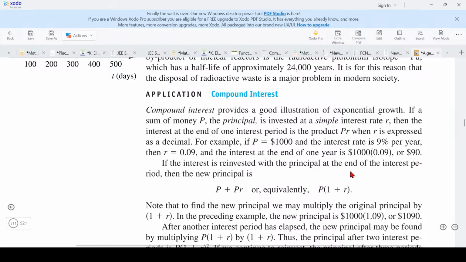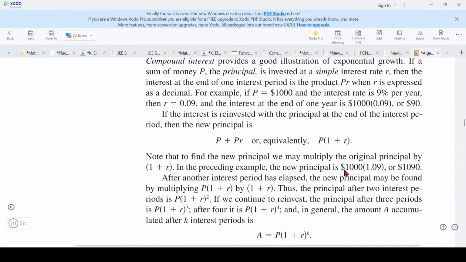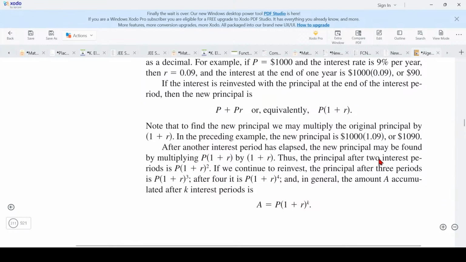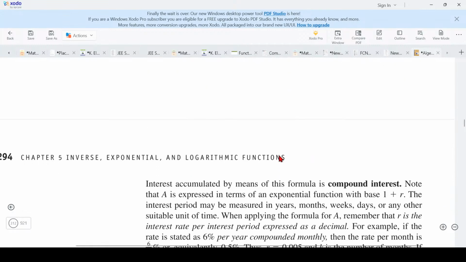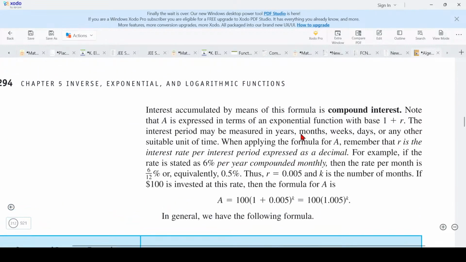At the end of second year, it is this times again 1.09, that is 1,000 times 1.09 square. At the end of third year, it is 1,000 times 1.09 cube. At the end of 10 years, it is 1,000 times 1.09 whole power 10. That is the basis of compound interest.